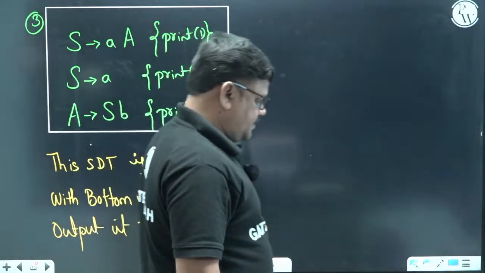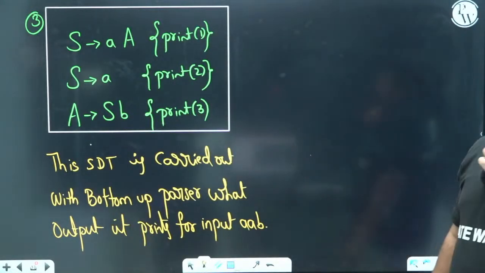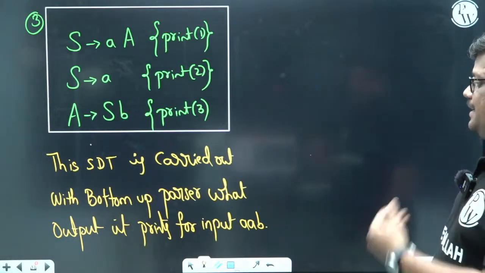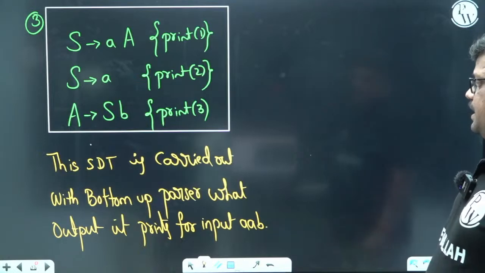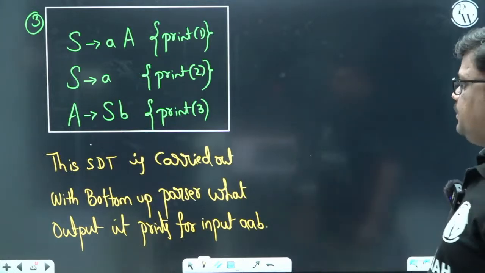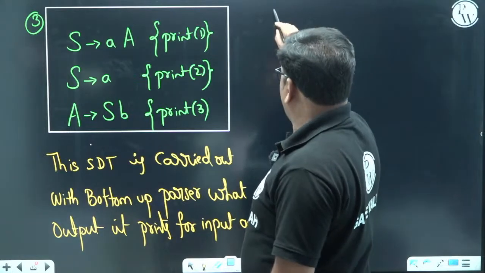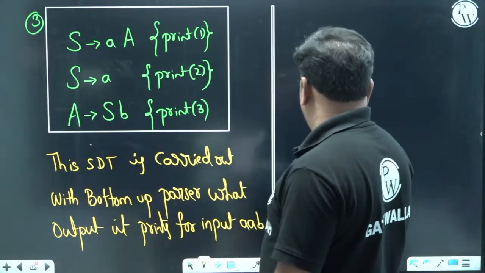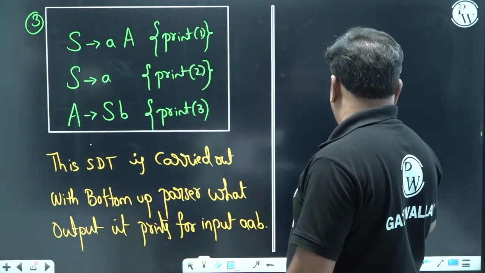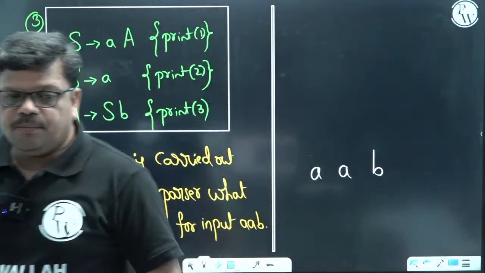If this SDT is carried out with a bottom-up parser, what output does it print for the input AAB? So same thing, the input is AAB. We have to do handle detection properly.